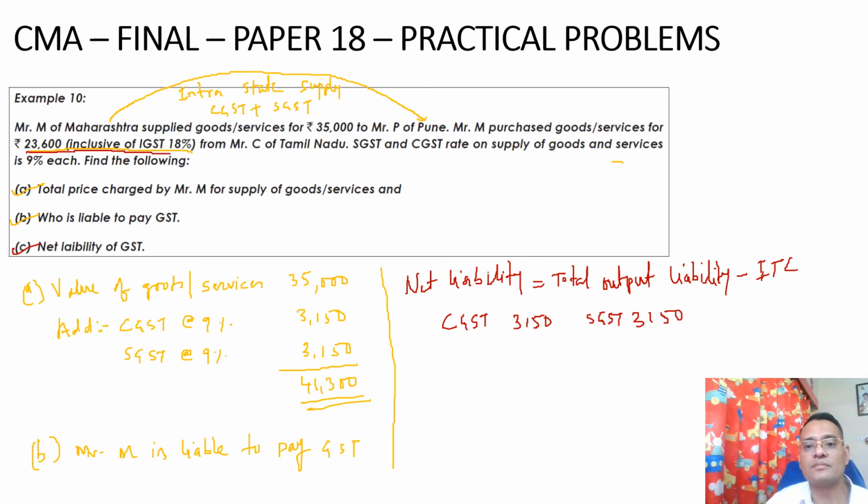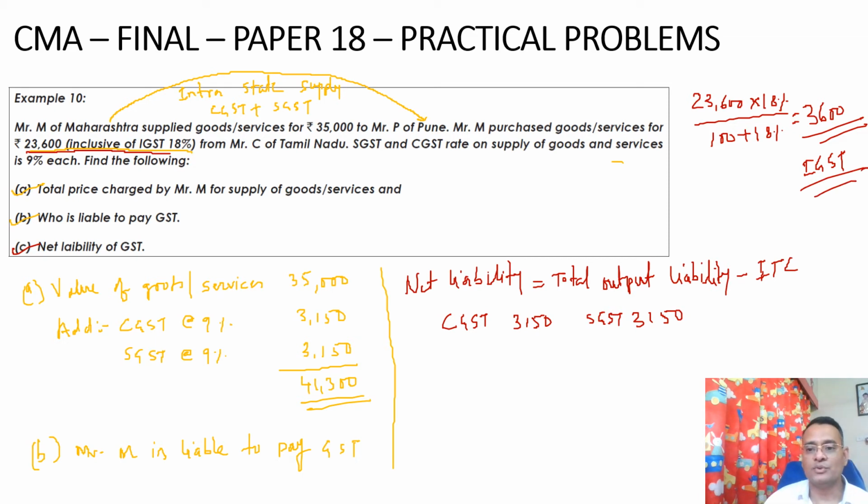So 23,600 into 18% divided by 100 plus 18%. So tax amount will be 3,600 rupees. ITC of IGST is available. So this amount can be adjusted in any proportion as per the option of the taxpayer.